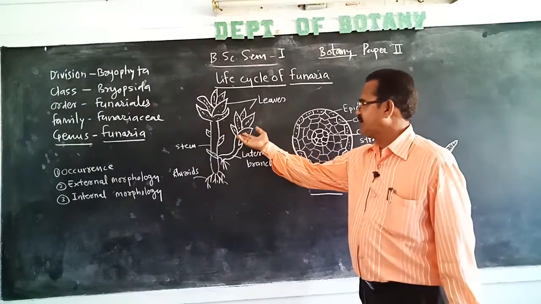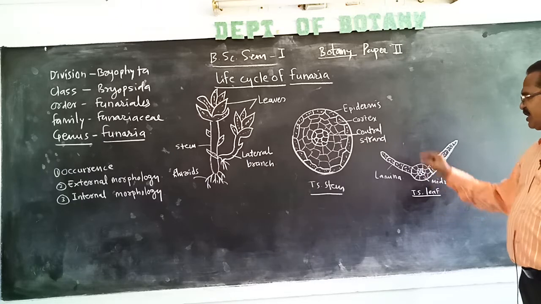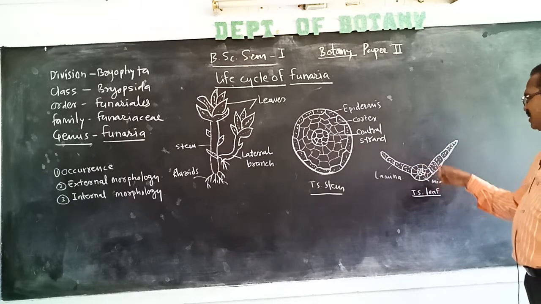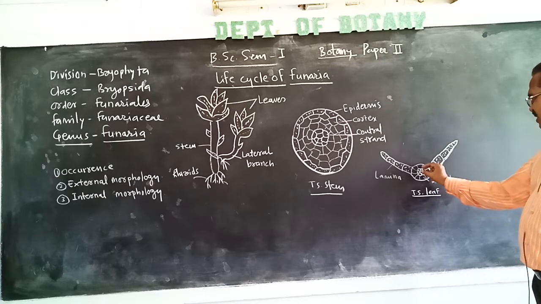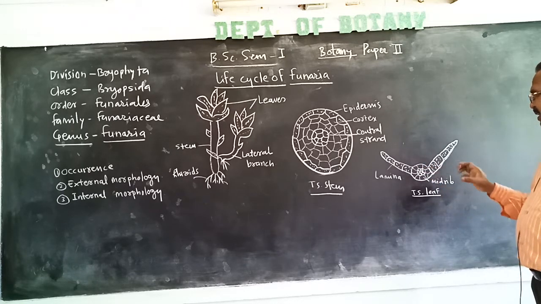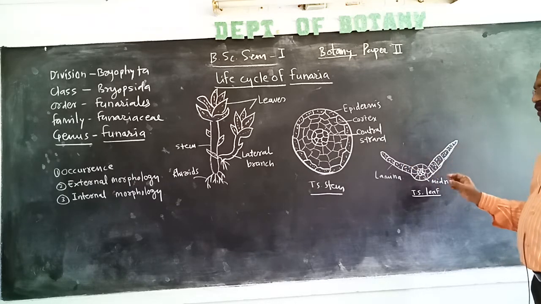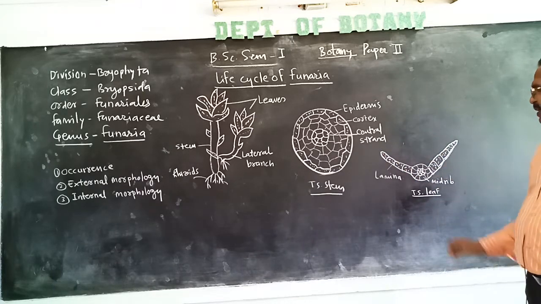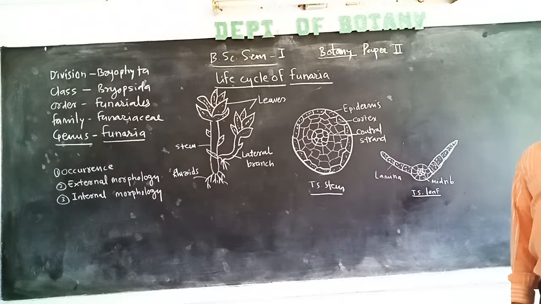The leaf-like appendage in TS shows a single layer except in the midrib region. In the midrib region it is multicellular, having a central strand, and the lamina of the leaf-like appendage is single cell thick, and each cell of the lamina contains chloroplasts.